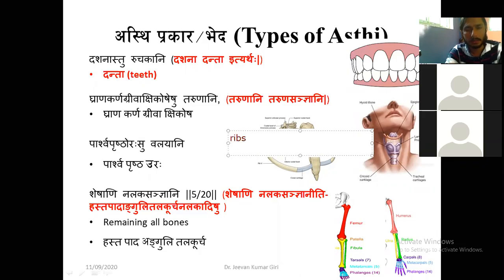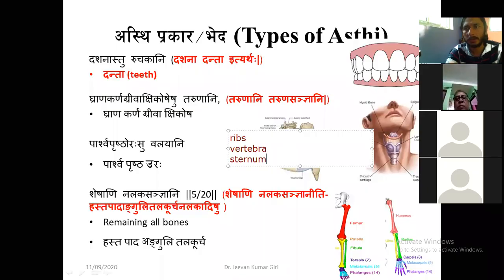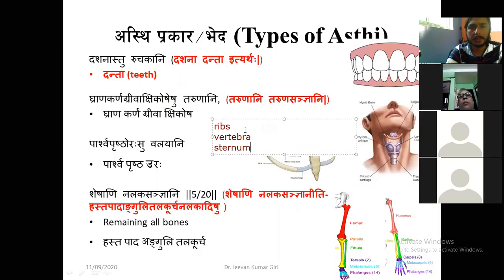Then Pristho: vertebra. Then Ura: sternum, that is the breastbone. Are you getting? So ribs, vertebra, and sternum, that is the Parsho, Pristha, and Ura. So they are the Balaya Asti.